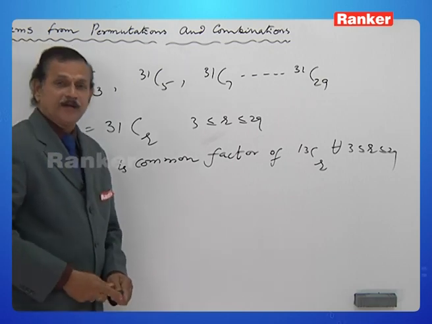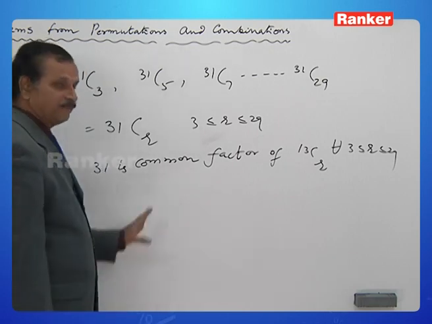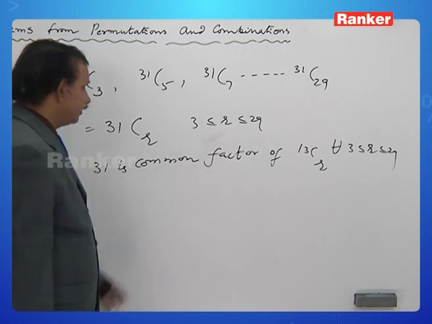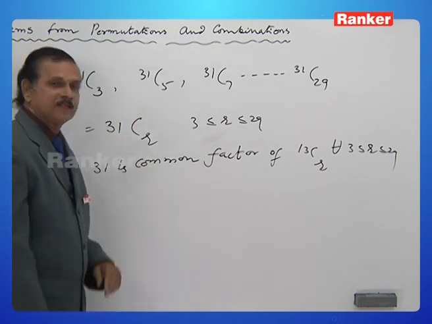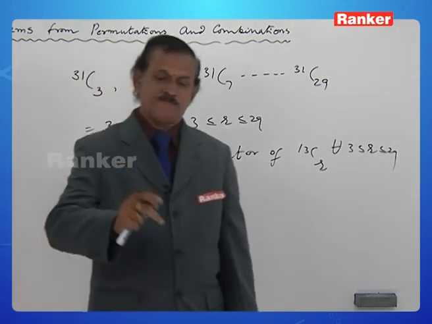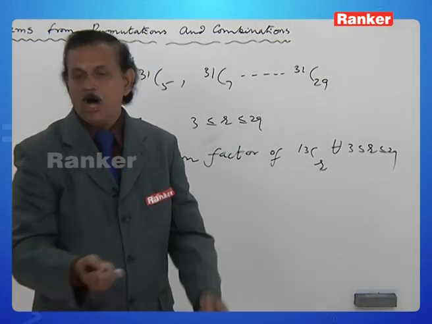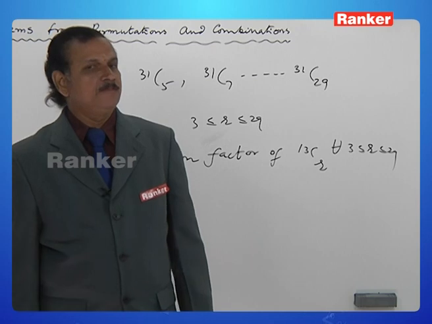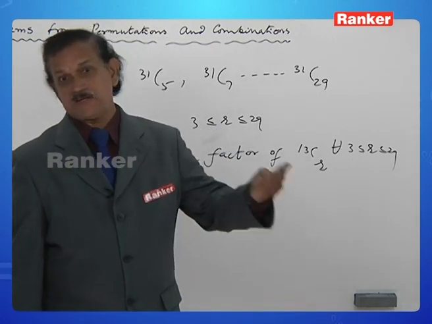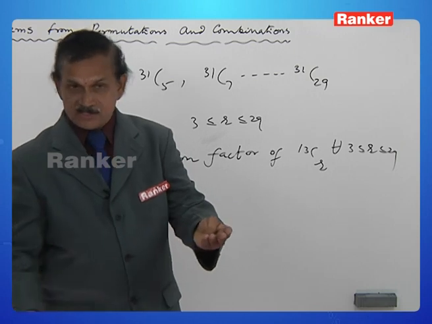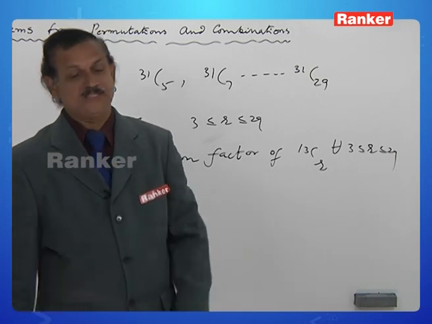And it is very clear to see that there will be no more factor for them greater than 31. Why? Because if you expand 31CR, if you look at the numerator or denominator, you will have integers less than 31 only. 31 is a prime number. Every integer available in 31CR is less than 31.